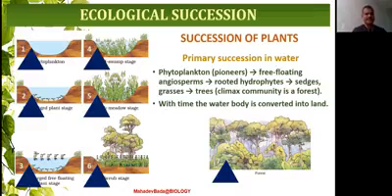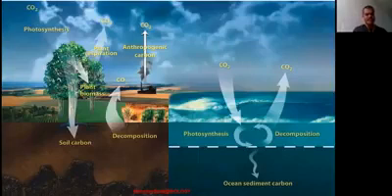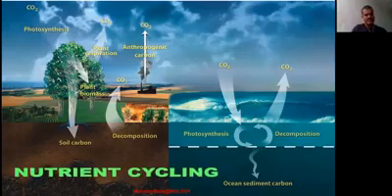And you can see the fourth stage, sludge or marsh meadow stage. And also the next stage, the scrub stage. And finally, as it moves on, it reaches the forest stage.